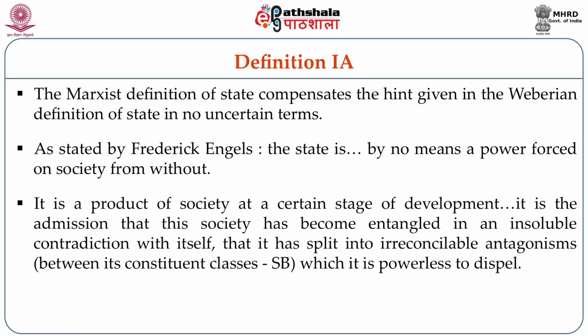It is a product of society at a certain stage of development. It is the admission that this society has become entangled in an insoluble contradiction with itself, that it has split into irreconcilable antagonisms between its constituent classes, which it is powerless to dispel.